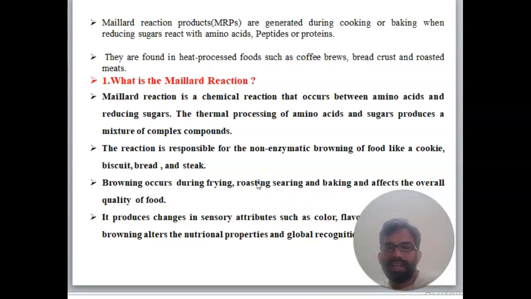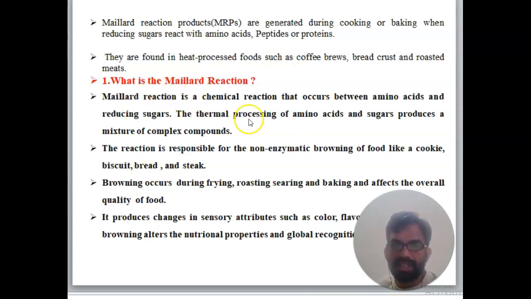Maillard reaction products are generated during cooking and baking, when reducing sugars react with amino acids, peptides and proteins. They are found in high-heat processed foods such as coffee brew, bread crust and roasted meats. These are a few examples of high-heat processed foods with the Maillard reaction.